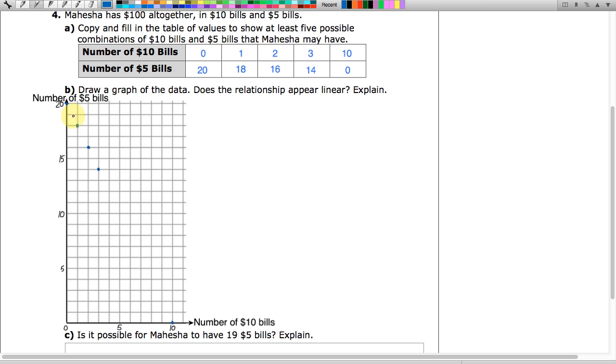You can't have a fraction of a dollar bill, so we really shouldn't connect all of the dots, but we can certainly put these other dots on here following that pattern of every time we have another $10 bill, we're going to have 2 less $5 bills. So going down 2 and right 1 and putting all of these other points on would completely finish the graph.